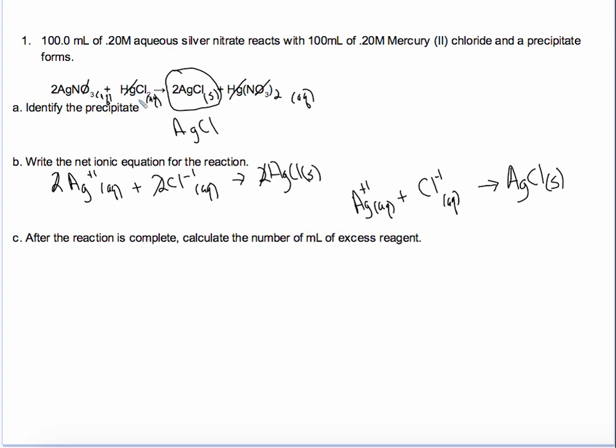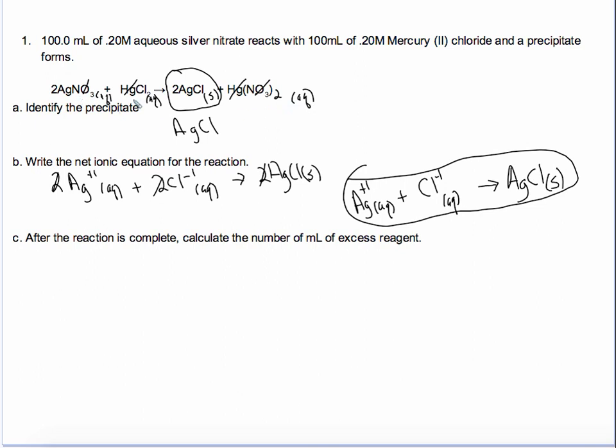Then I don't have to worry about whether I bring this 2 down or put it in front and cancel them all out. If you just work backwards, this is a much easier way to do it sometimes, I feel, on the precipitation ones. Okay, after the reaction is complete, calculate the number of milliliters of excess reagent. Well, we have equal amounts and they have equal molarities.